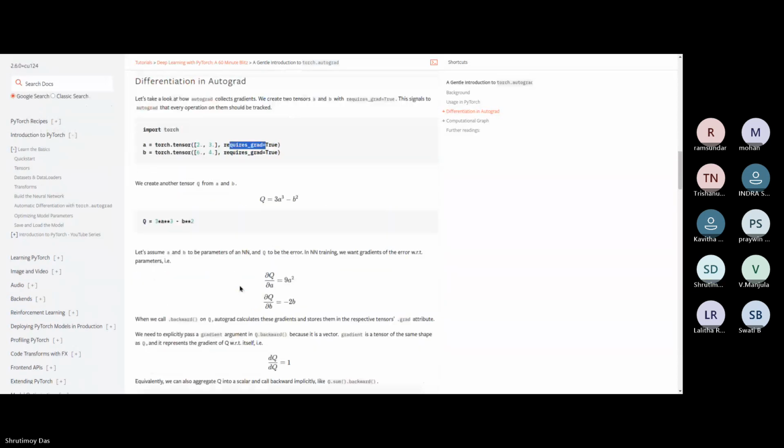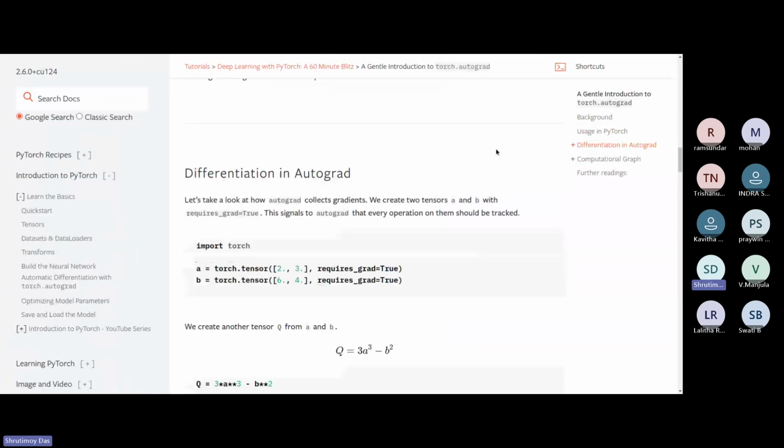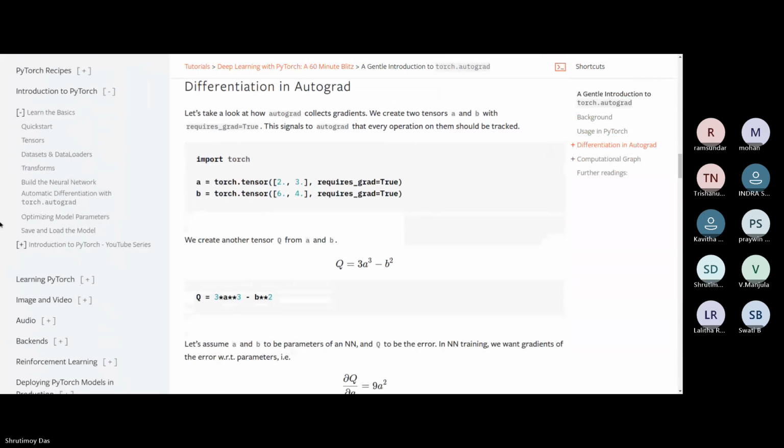So let us say you have this function here. Hopefully it is visible. Yes, it is. Suppose you have this function, say q. Forget about loss functions or anything.